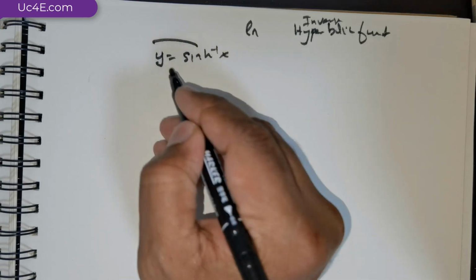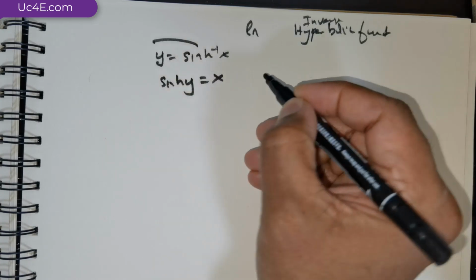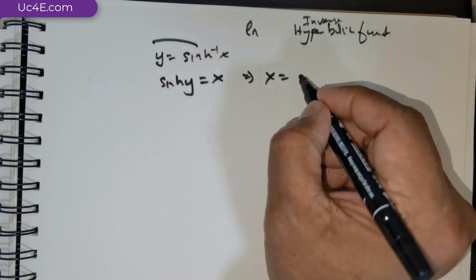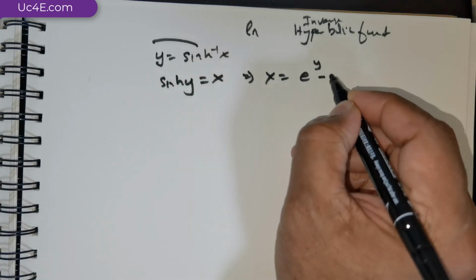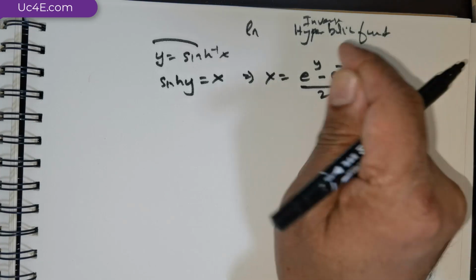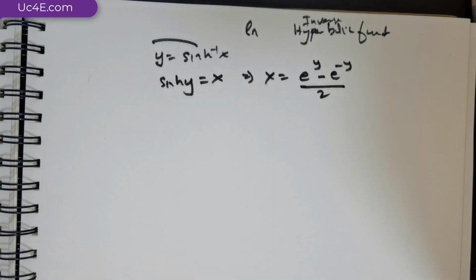Now I move this sinh inverse to the other side, I get sinh y is equal to x, but I can always write sinh y as e raised to the power of y minus e raised to the power of negative y divided by 2, right? This is the equivalent in terms of exponential functions, right? So that's exactly what I'm utilizing here.